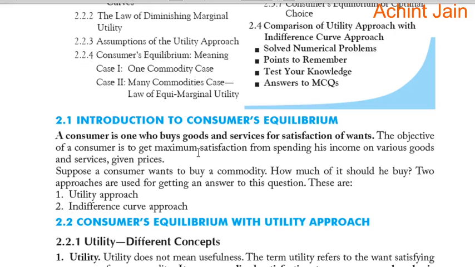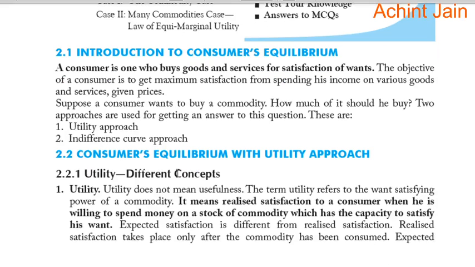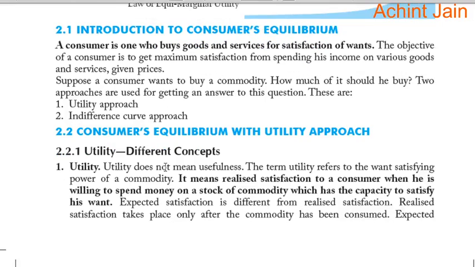UTILS. Then the utility approach and the indifference curve approach, these are the two approaches we have. With the help of these we try to calculate the consumer's satisfaction. First we should go with utility.